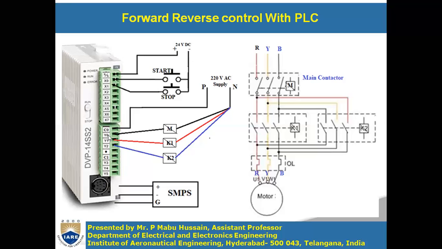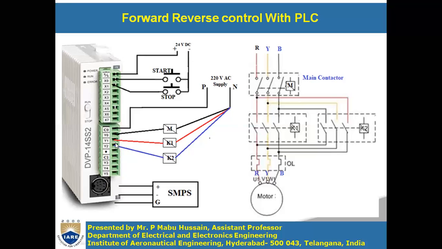Whenever Y0 is energized, the 220 volts power supply is given to the main contactor coil, and the main contactor will close.